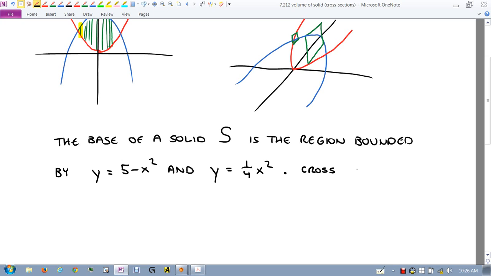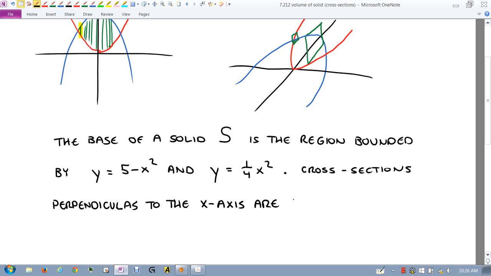Cross sections perpendicular or orthogonal to the x-axis are squares. Find the volume.